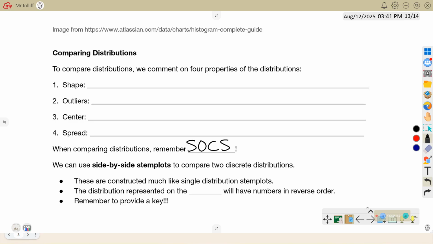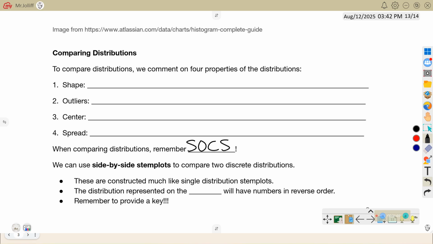Don't forget your SOCS. Shape, outliers, center, and spread. 4 things you need to describe, 4 sentences in your paragraph. Yeah? Shape, outliers, center, spread.